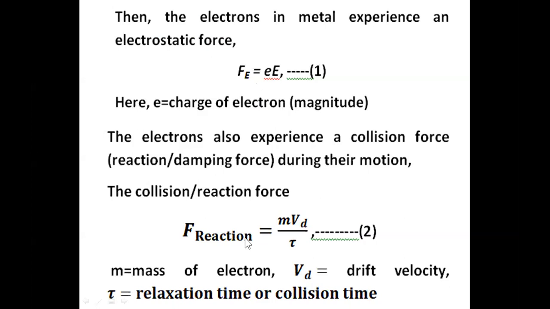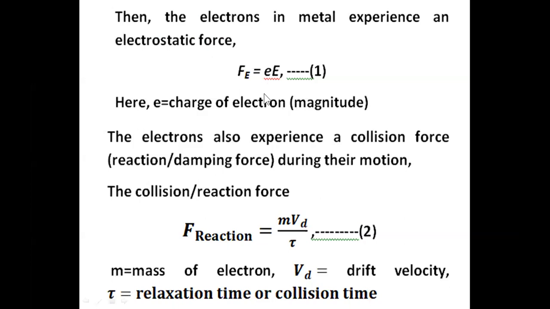What do you mean by that? That means if you want a net movement of electrons, we need to overcome the collision force. The minimum force we have to apply on these electrons by electrostatic force is F reaction.